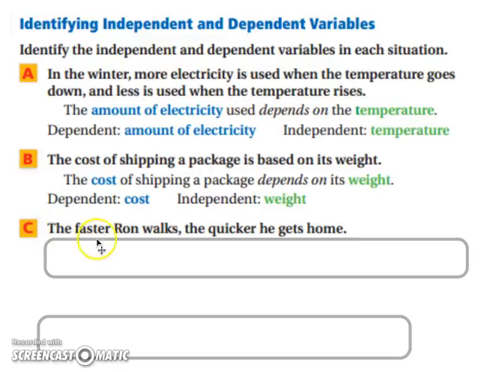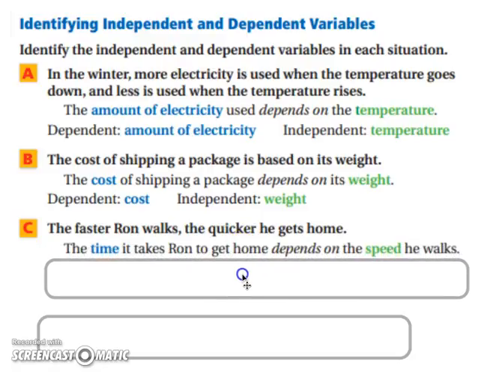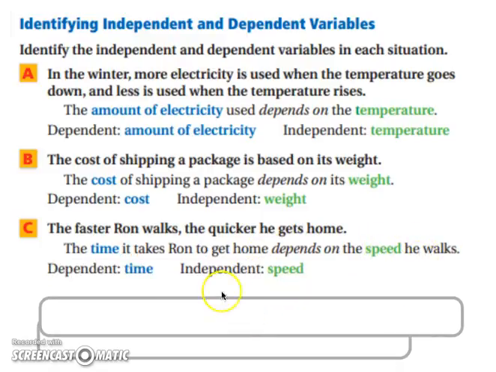Let's look at C. The faster Ron walks, the quicker he gets home. So the time it takes Ron to get home depends on how fast he's walking. So your dependent is time because it depends on the speed in which you're walking, thus making the independent speed.